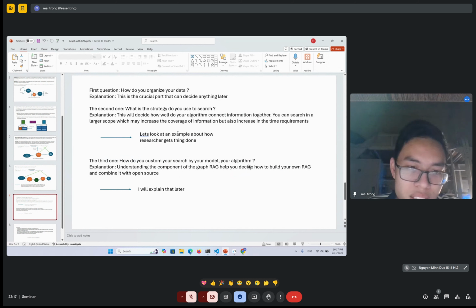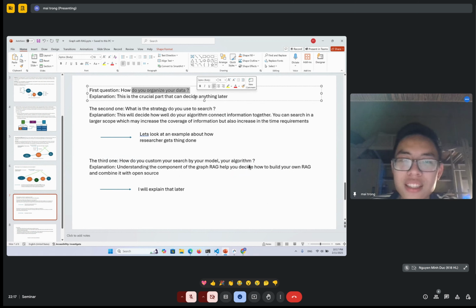The way you define your knowledge graph is very important because it may affect everything later, like how effective your retrieval is and how fast you query. Those are the most important things.